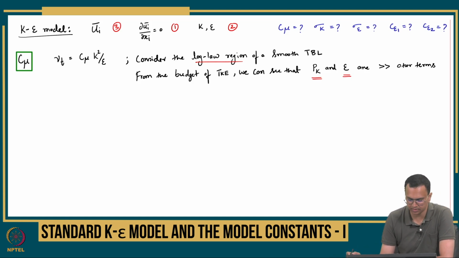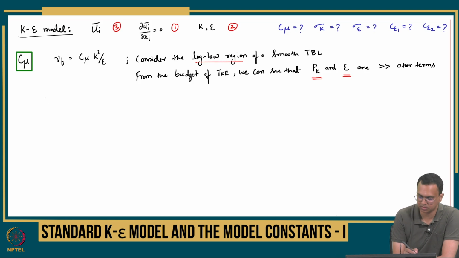So if I have this, then I have the K model equation, right?